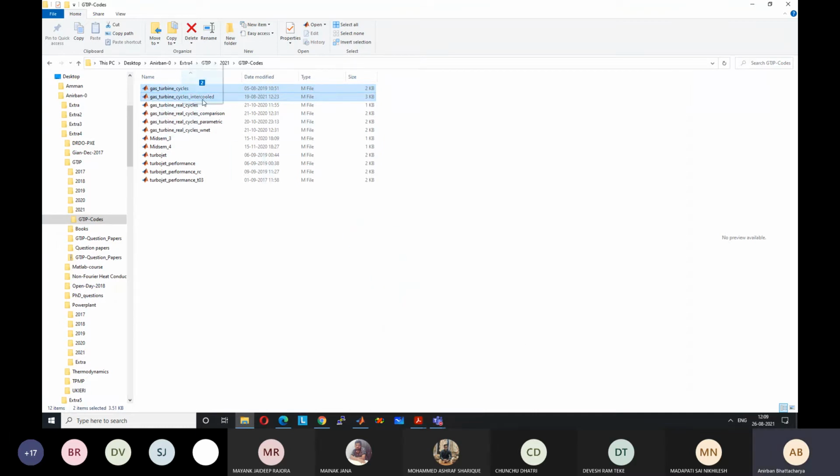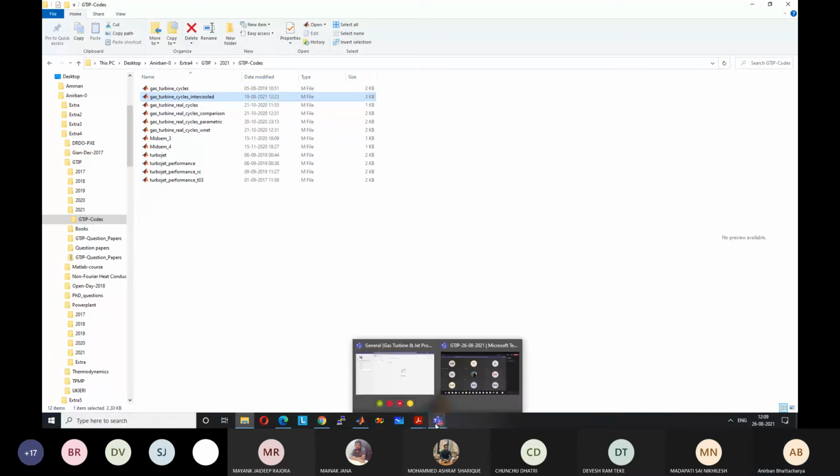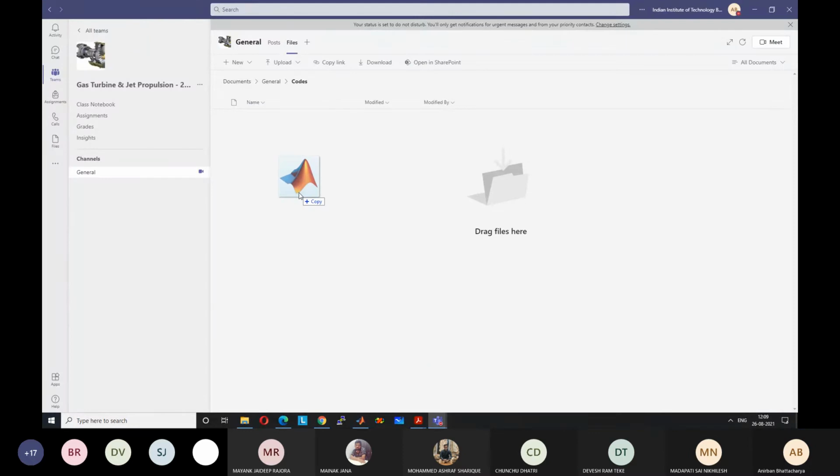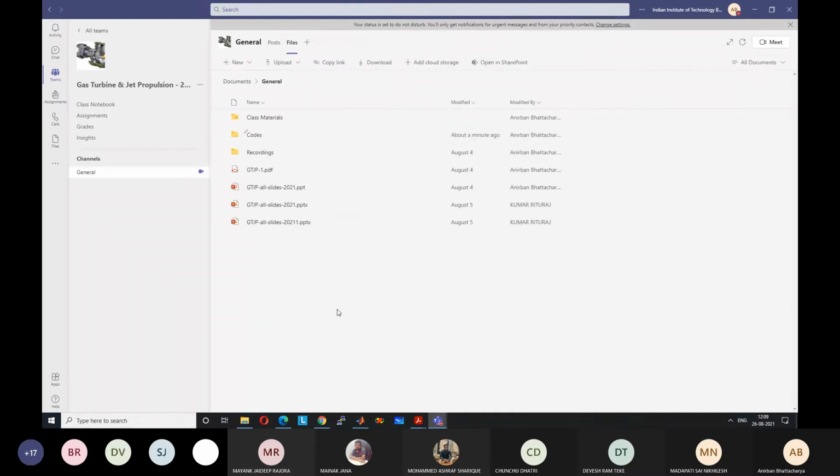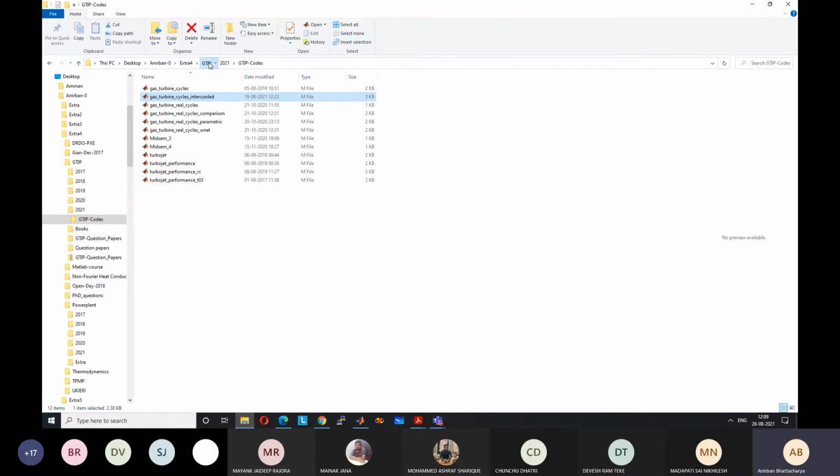Actually, the final one is sufficient. That has the first one also. You can run it and check all these cases with other values, and you can try. I have not uploaded any of the material.